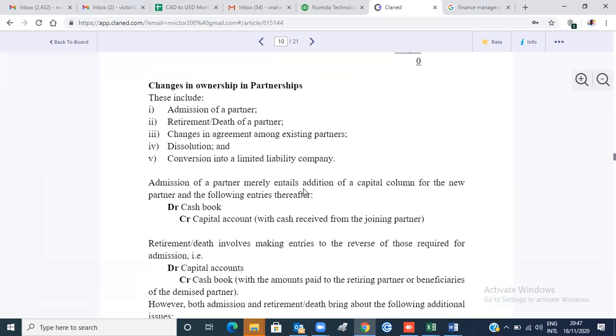Dissolution, you can choose to close the partnership, and then you can also change from a partnership to a limited liability company. It's very common because, some people might be a partnership, but because of the legal complexities that come with a partnership, you actually want to change into a limited liability company, because we all know that there are some aspects of dealing that a partnership cannot do, and you're required to have a limited liability company.